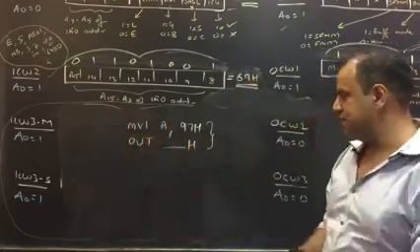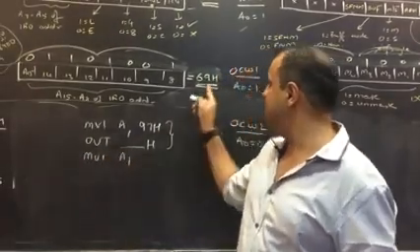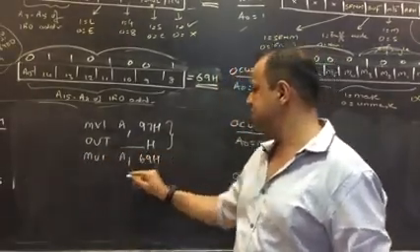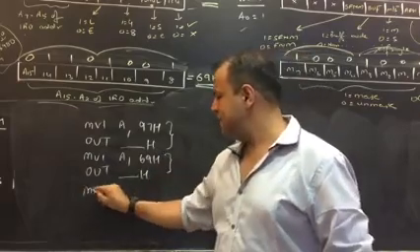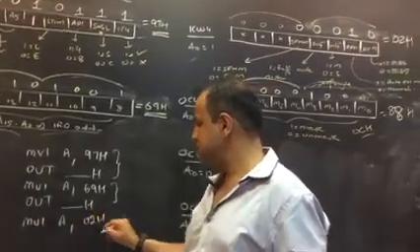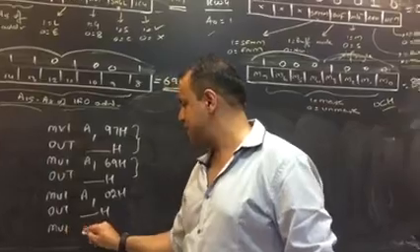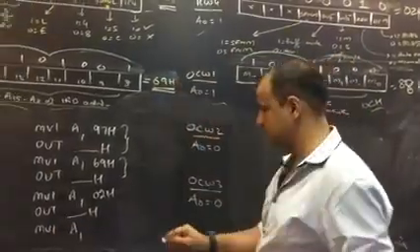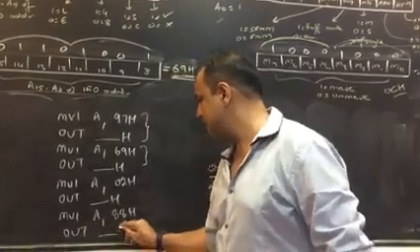I will fill that address later. First, let's write our program. Then again, MVI A, 69H, out dash. MVI A, 02H, out dash. MVI A, 88H, out dash.